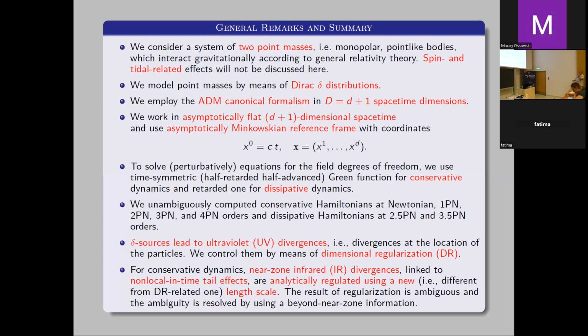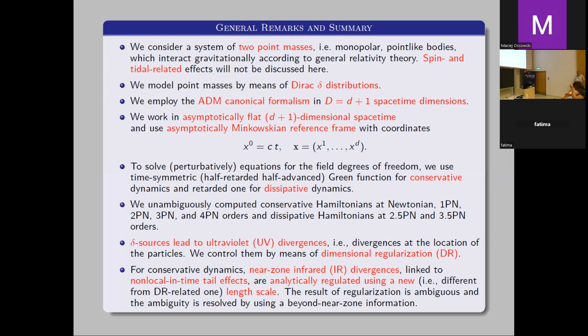And there is the most complicated stuff, namely there are also near-zone infrared divergences, and they are linked to the so-called tail effects, which are non-local in time. And to regularize these divergences, we needed a new time scale. And the result of the regularization was ambiguous.